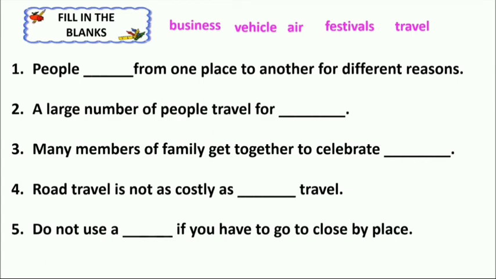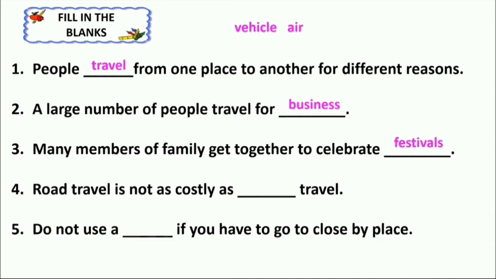Next, fill in the blanks. Number 1. People travel from one place to another for different reasons. Number 2. A large number of people travel for business. Number 3. Many members of family get together to celebrate festivals.